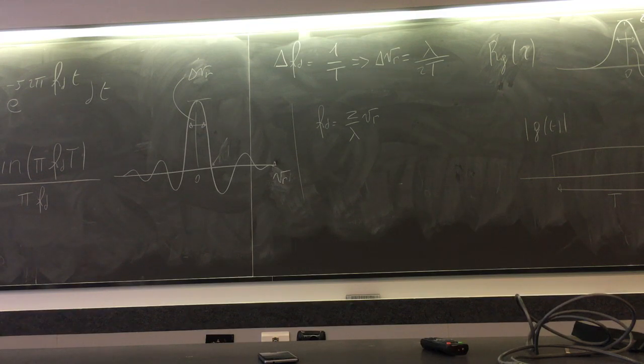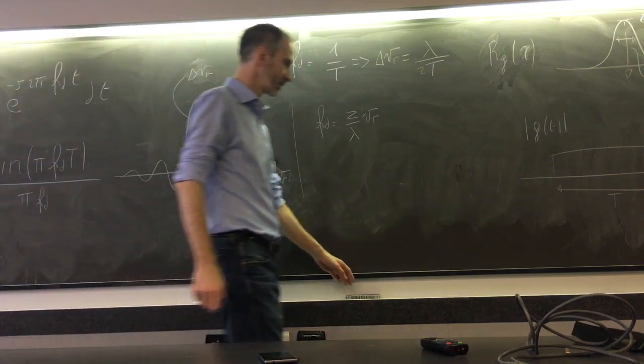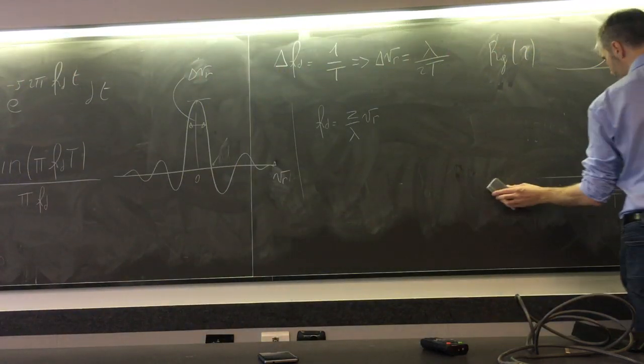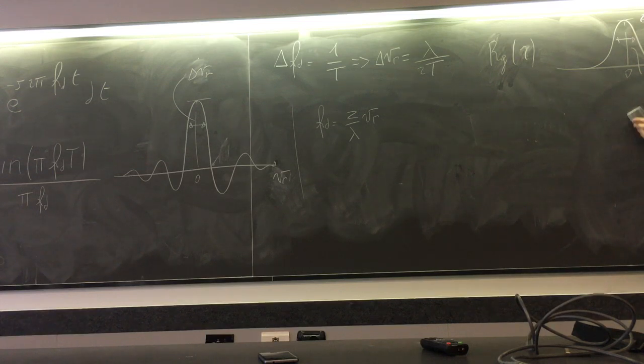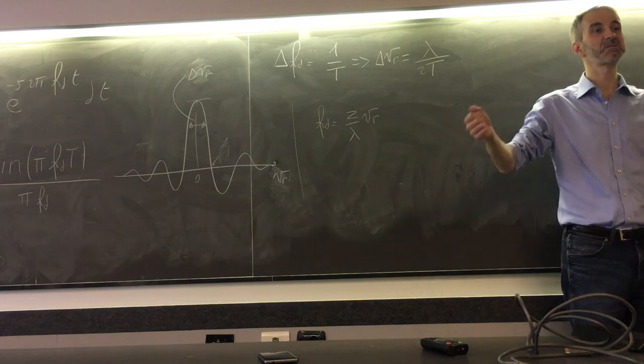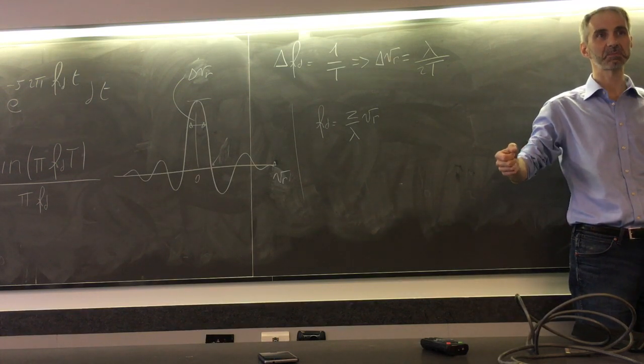Okay. So now a question that you should be able to answer very well. Let's imagine that you are building a radar to estimate the velocity of some target. Let's say that you want to detect the velocity of a car. A car cannot go fast. So a car on an open street cannot go faster than 300 kilometers per hour.